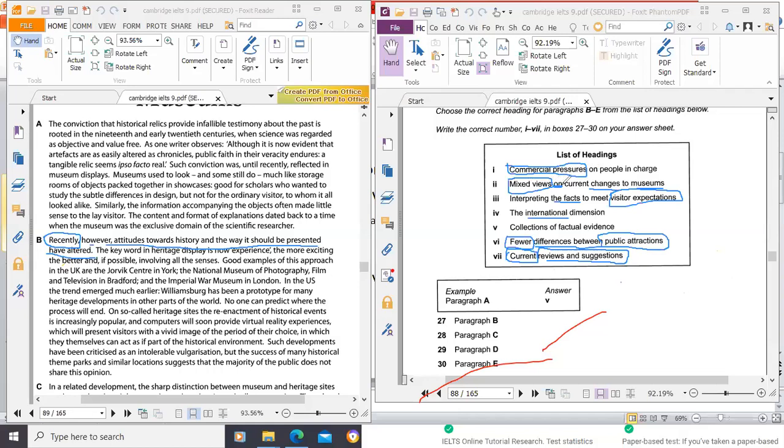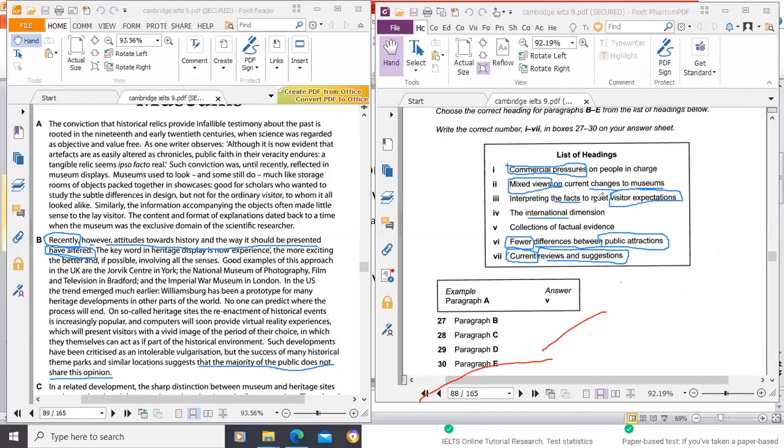Mixed views on current changes to museum. They are talking about some people who don't share it. Don't forget that they said that the majority of the public does not share this opinion. Okay, so I can say there's a mixed view, but there is a change, they have altered. Am I right?